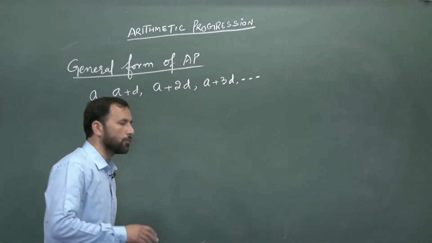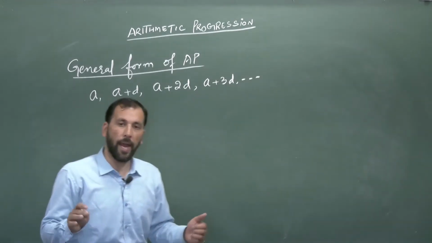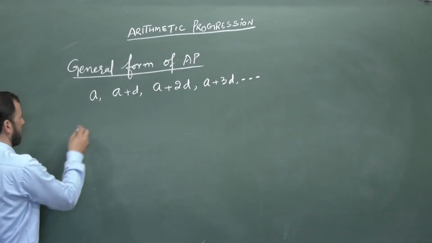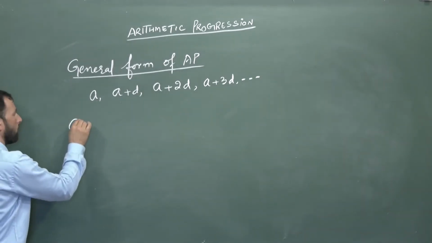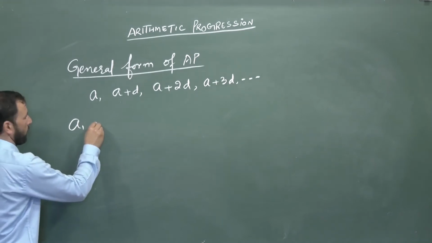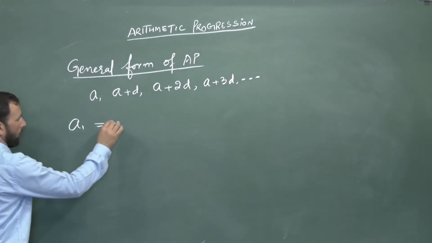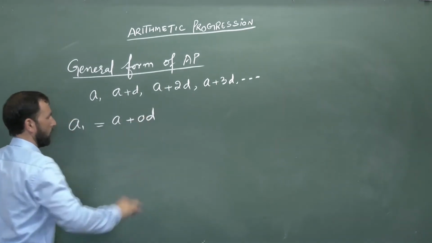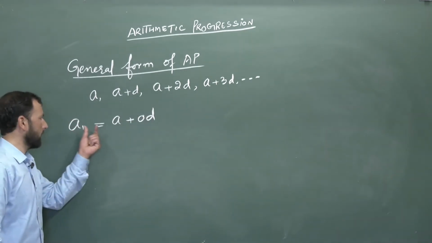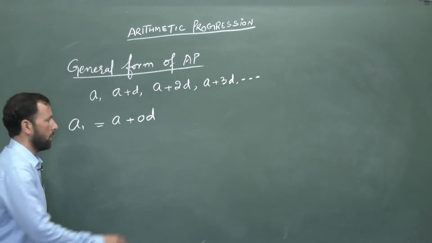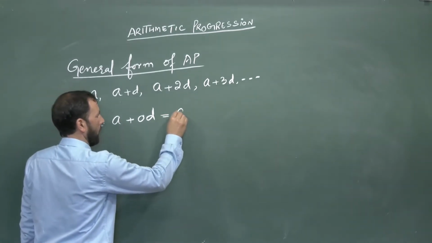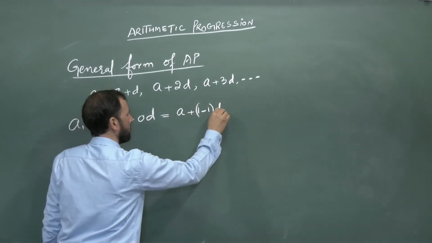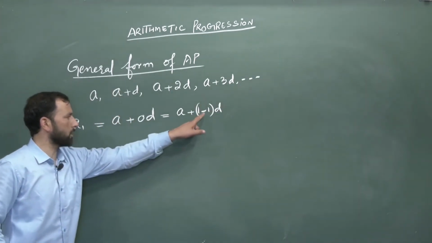The question is how to find the general term, meaning the nth term of an AP. Here, this is a1. We can write a1 is equal to a plus 0d, or it equals a plus 1 minus 1 into d, because 1 minus 1 is 0.